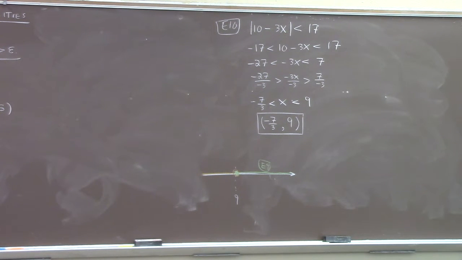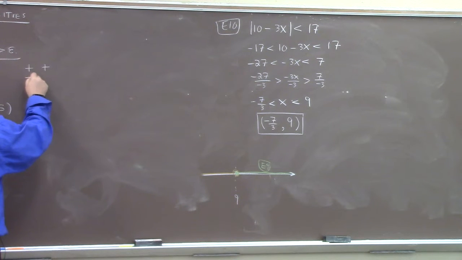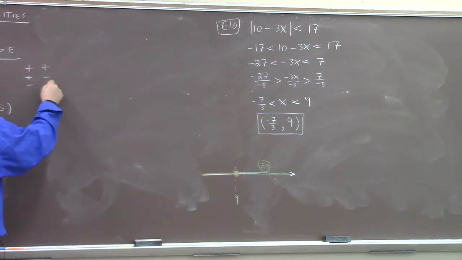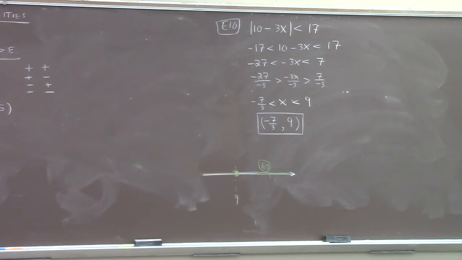Now, if you're a stickler for the logic here, really both of the absolute values could be plus or minus, right? I'll draw the patterns out. You could have plus plus, plus minus, minus plus, or minus minus for these.